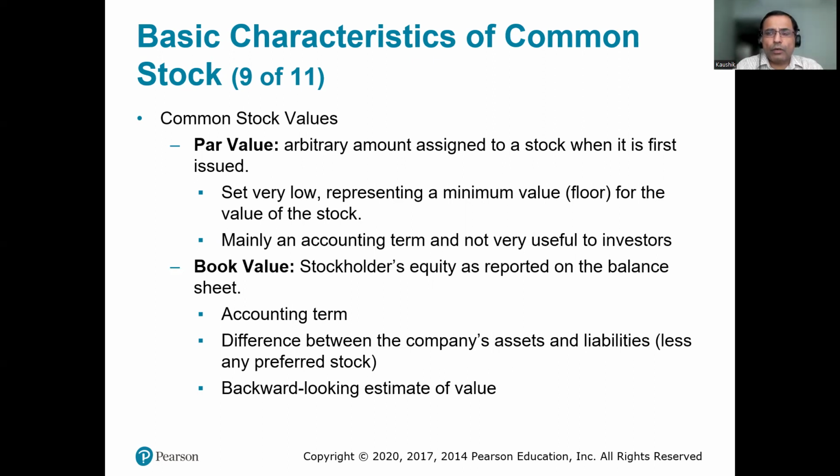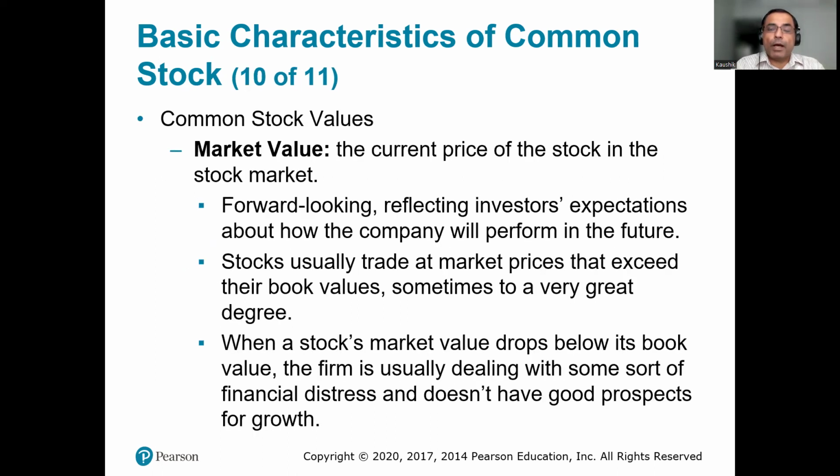It is backward looking because it is based on accounting information, and accounting information is historical in nature. It may be for a period of 1 year or a quarter which has already passed. Market value is the current price at which the stock is available in the market.